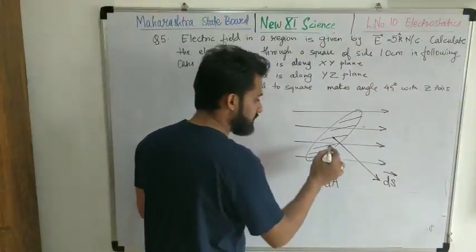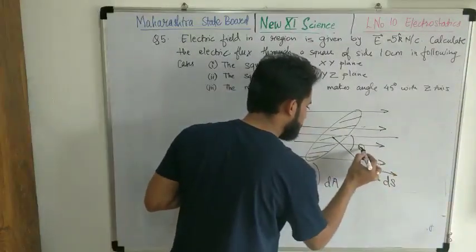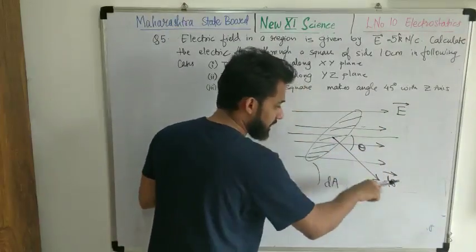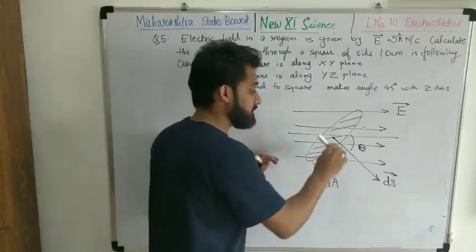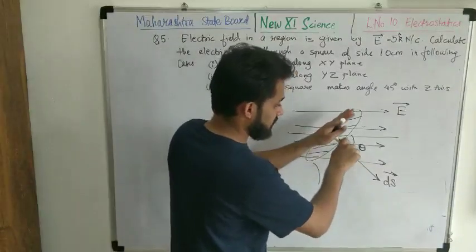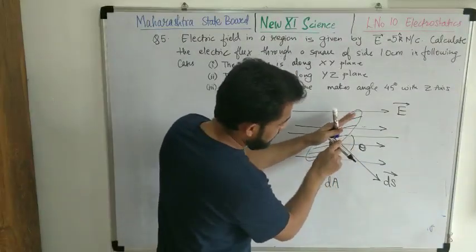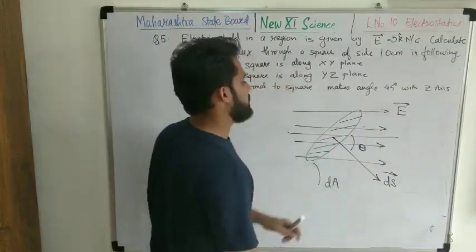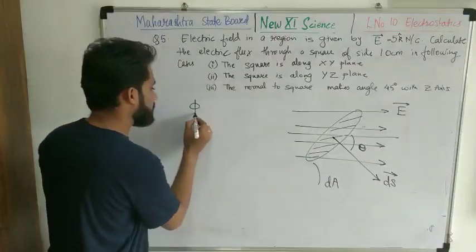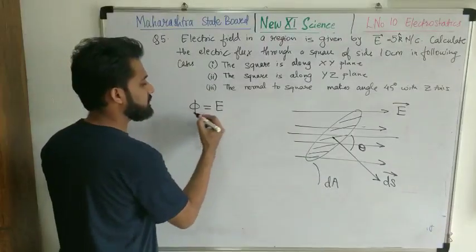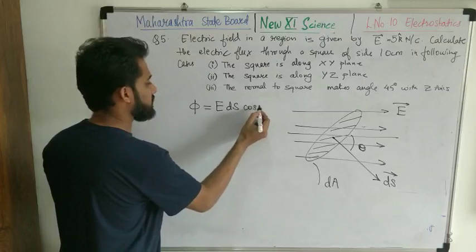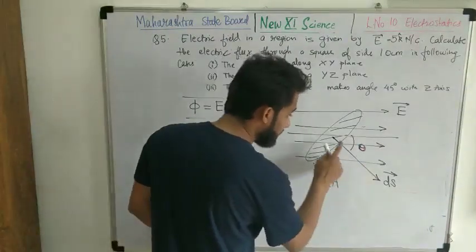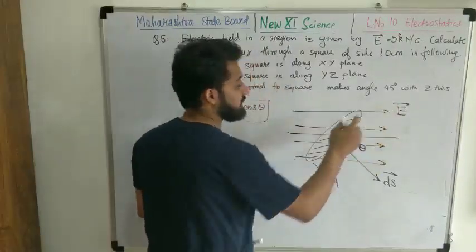The area vector is a vector which is perpendicular to the surface area. If that makes angle theta with the electric field, then the flux is given by E dS cos theta. What is the meaning of theta? Theta is the angle between the area vector and the electric field.